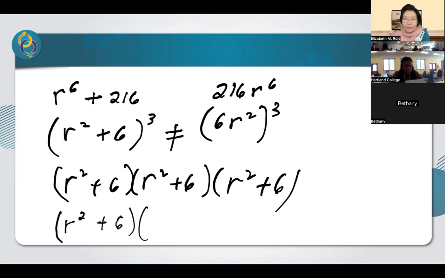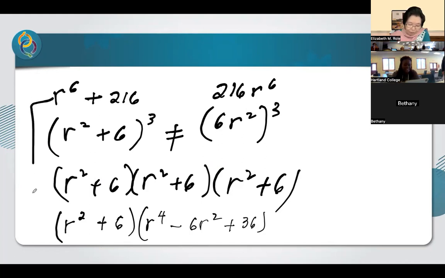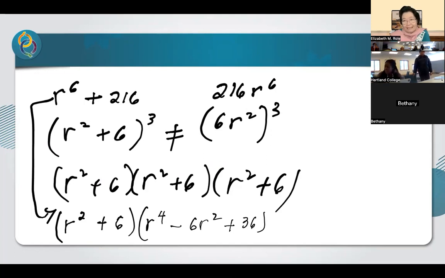Then for the other factor, you remember, you square the first term. If the middle term is a plus, this should be a minus, and get the product of the first and the second, and then square the second term. This one would be our factor for r to the 6 plus 216.